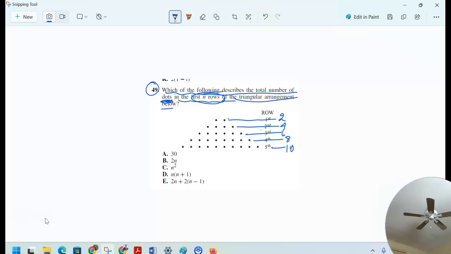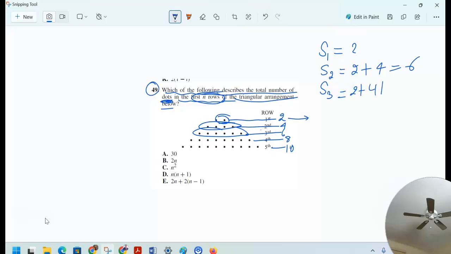That means if I want the first row, S1, there are only 2. If you are adding the first 2 rows, it is 2 plus 4, which is 6. Then S3 basically means you are adding 1, 2, and 3, so that is 2 plus 4 plus 6, and you get 12.